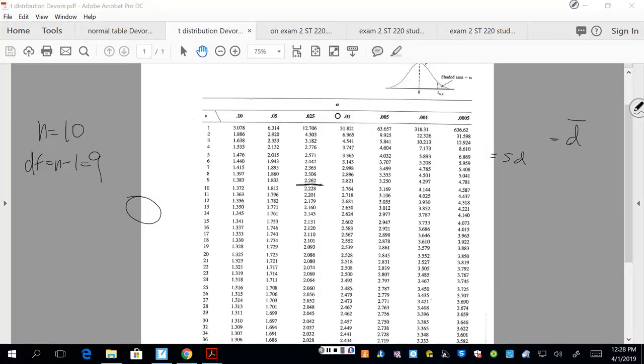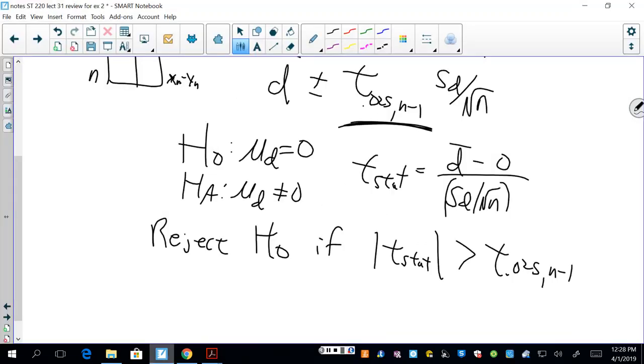So with n equals 10 and degrees of freedom 9, using the 0.025, the t 0.025 for 9 was 2.262.